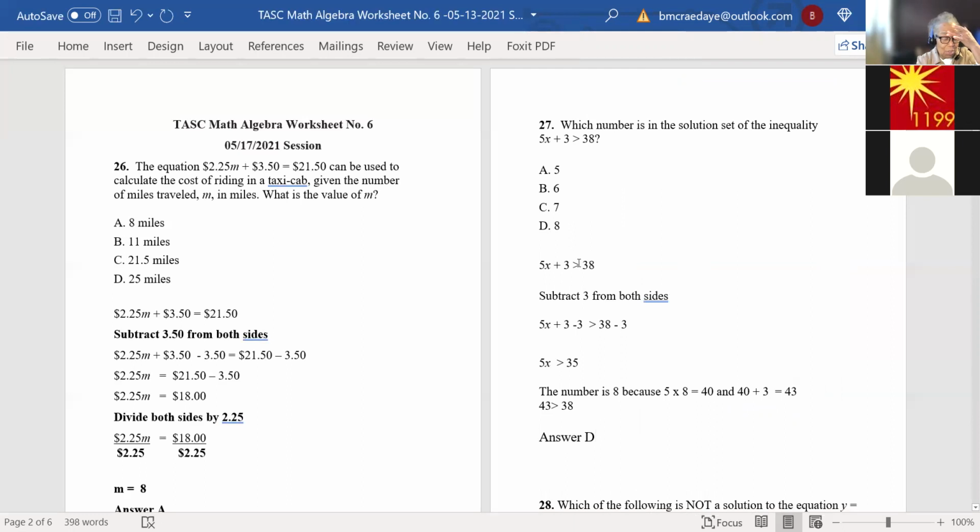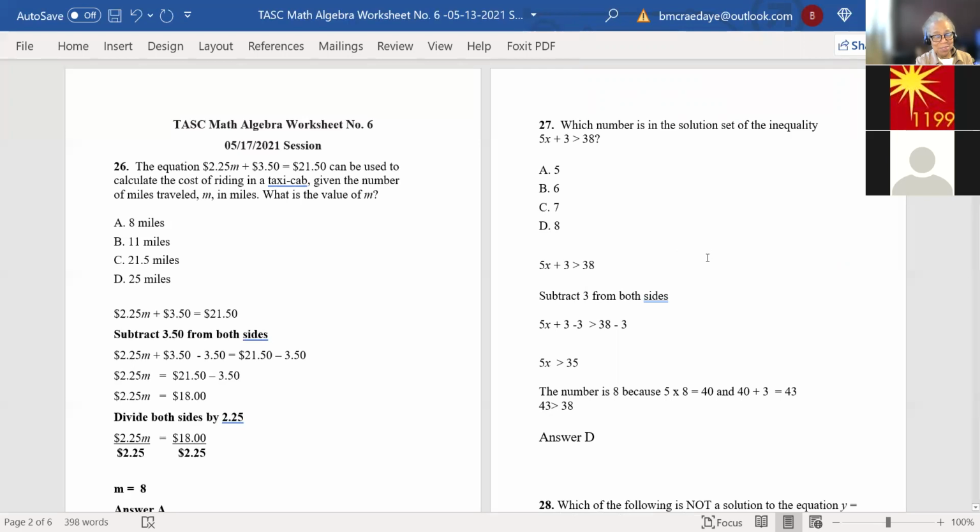So also this is how you do it. You said 5 times 5 is 25 plus 3 is 28, that's less than. 6 times 5 is 30 plus 3 is 33. That's less than. 5 times 7 is 35 plus 3 is 38.